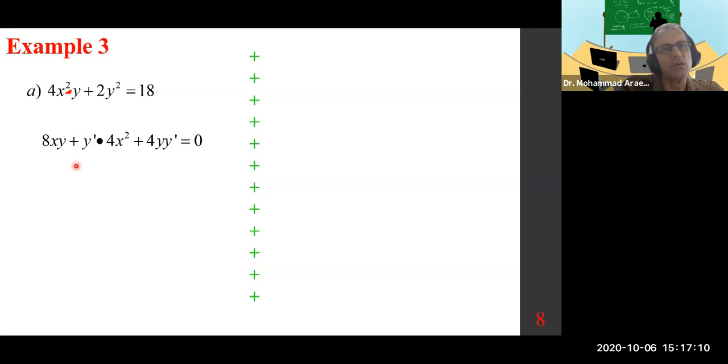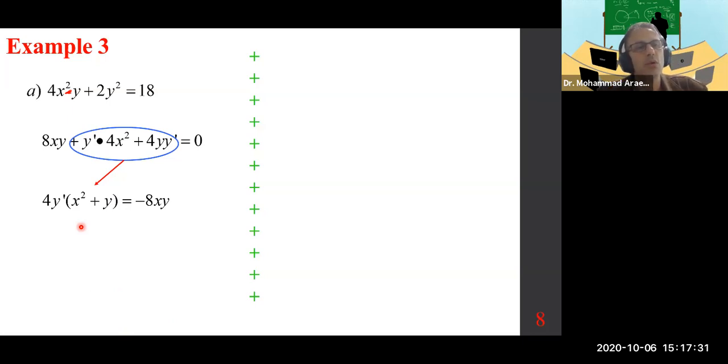and you're going to factor out the y prime. And since we noticed there's a common factor of 4, we actually take the 4 also out. And so when you divide the right side by 4 times x squared plus y, the 4 drops. I hope you see how this thing has worked out.